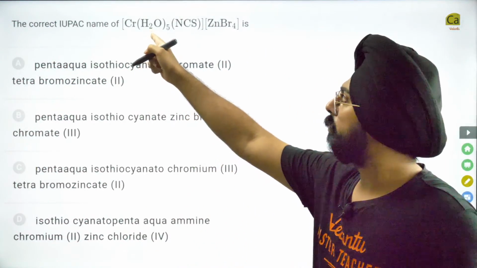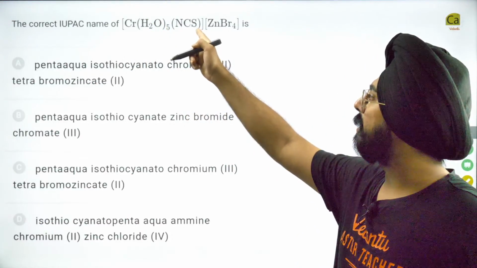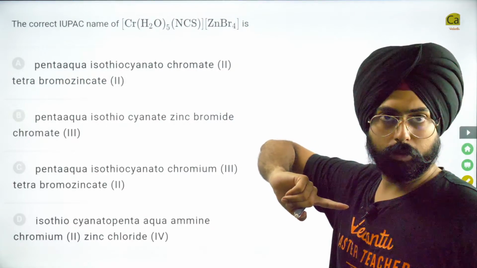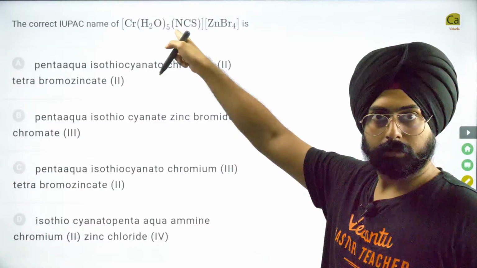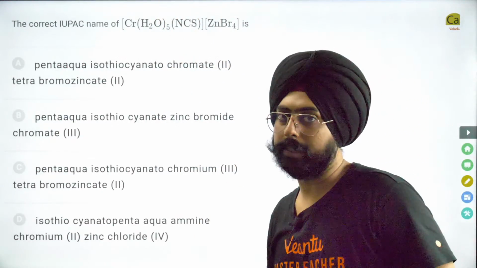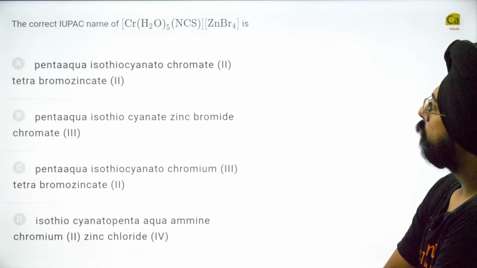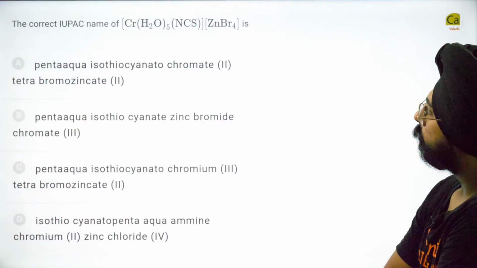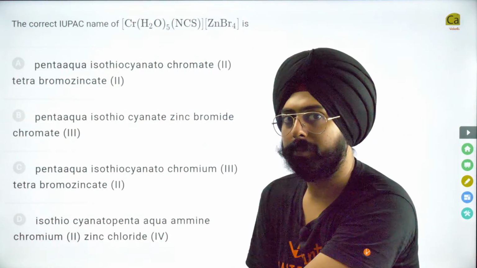Aqua, so A comes first. Isothiocyanato, because it is NCS here. So pentaaqua, thiocyanato, chromium, because in the cation you just write the name of the metal, chromium.